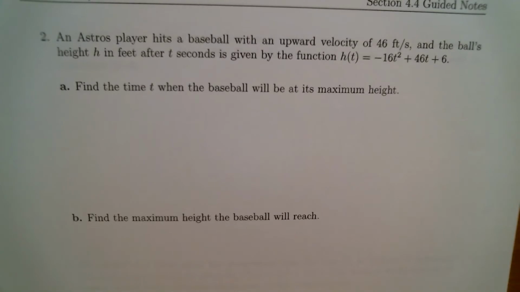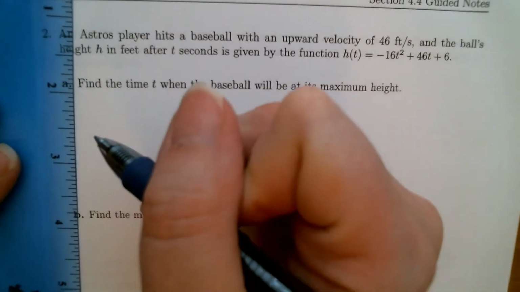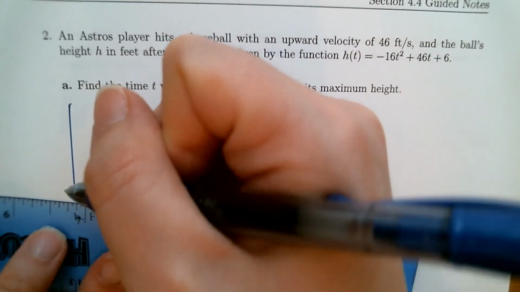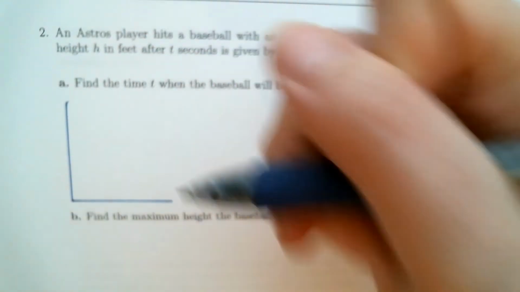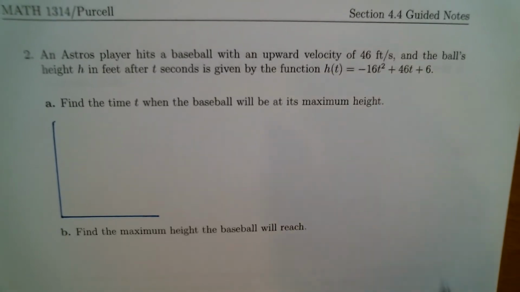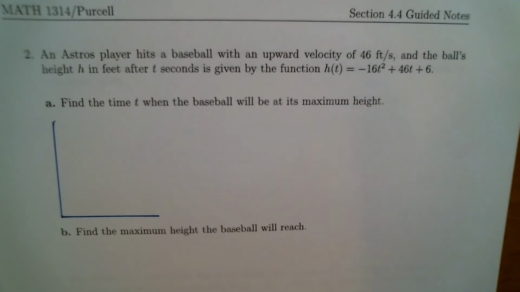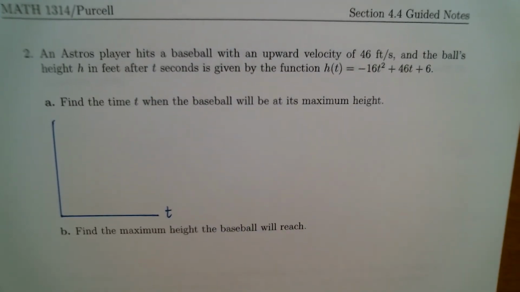All right, so let me put the axes on here. Notice here for this function, we are not using x, we're using t. So keep that in mind. So this is going to be the t-axis instead of the x-axis.